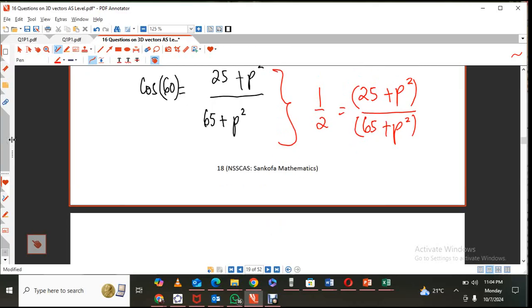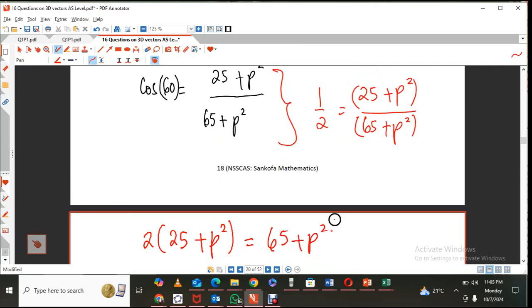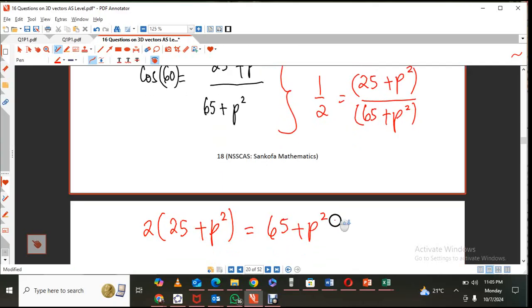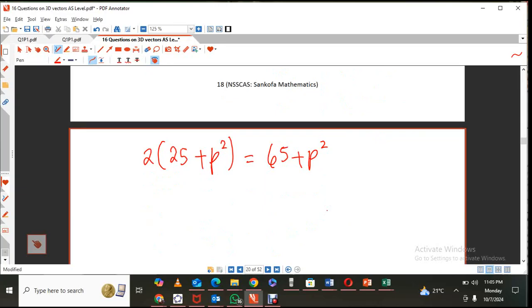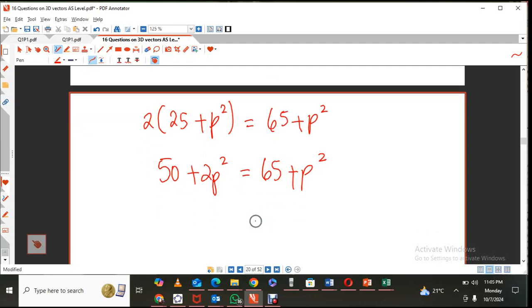So now if you cross multiply, you're going to get 2 open bracket 25 plus P squared, is equal to 65 plus P squared. You know, this is becoming very straightforward for anybody to do. This over here is 50 plus 2P squared equals 65 plus P squared. The 50 comes from 2 times 25, distributing that 2.